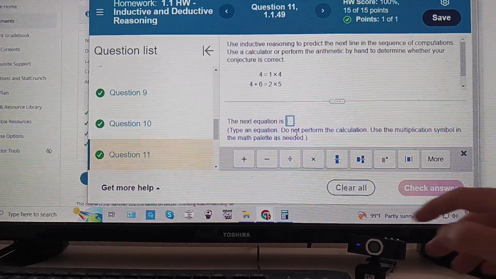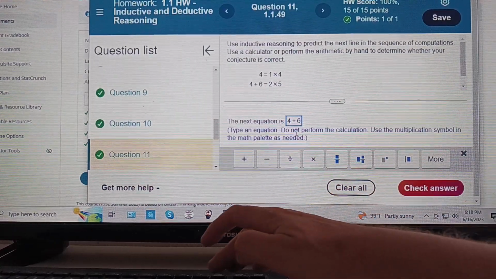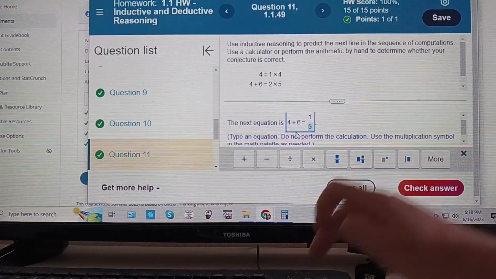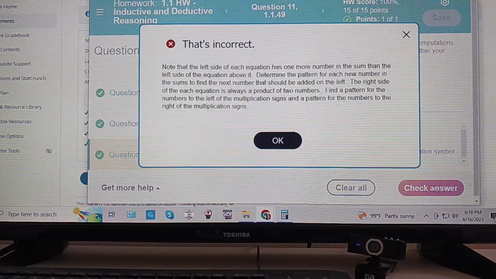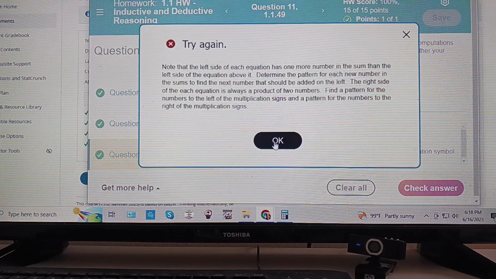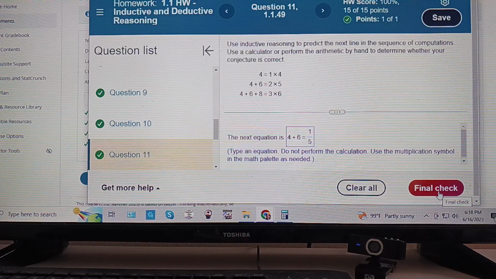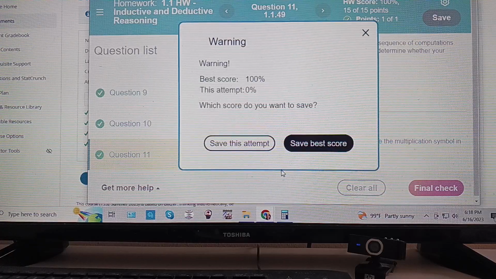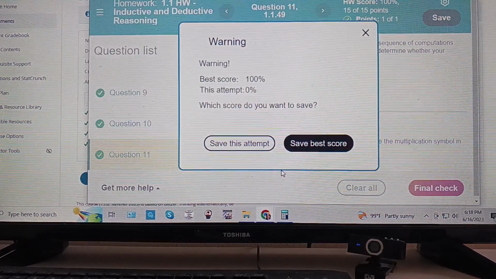Now you might be saying, what if I get it wrong the second time and I already had it right the first time? I'm intentionally putting a wrong answer here. Anytime you get one wrong, it tells you it's wrong and tries to tell you what you should have been doing. Then it gives you another chance, and I'm still wrong, and then it says final check. So when you get it wrong now, it puts a red X for this problem, but it doesn't mean it's wrong forever. If that was the first time I did it, it would just mark it wrong.